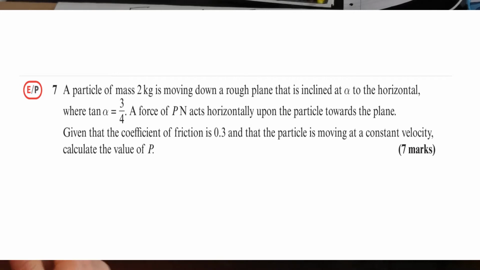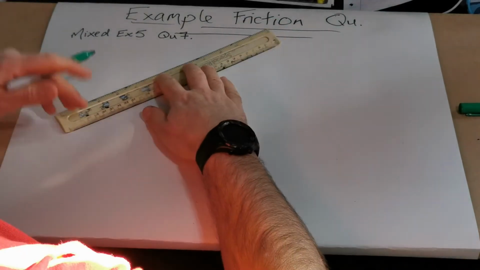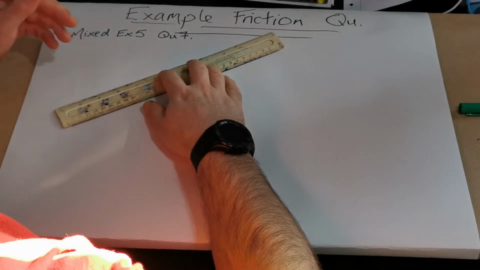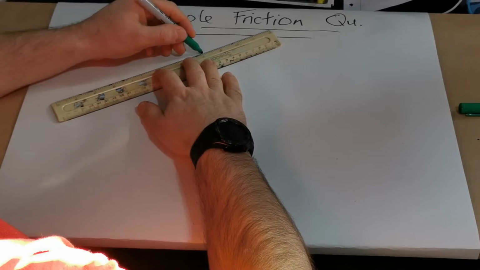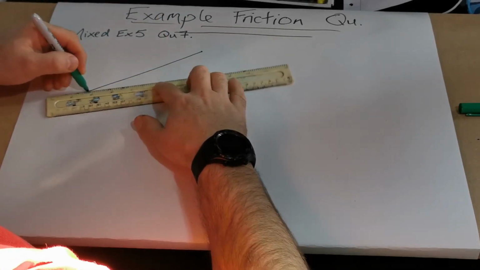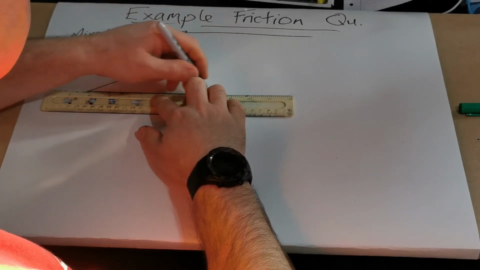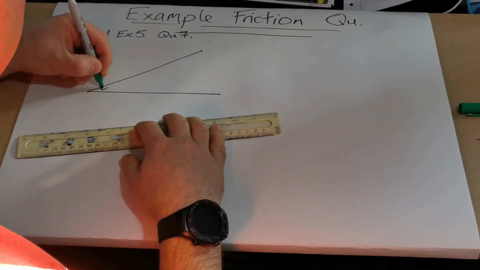It says, a particle of mass 2 kilograms is moving down a rough plane that is inclined at alpha to the horizontal. I'm going to make sure I've got plenty of space.